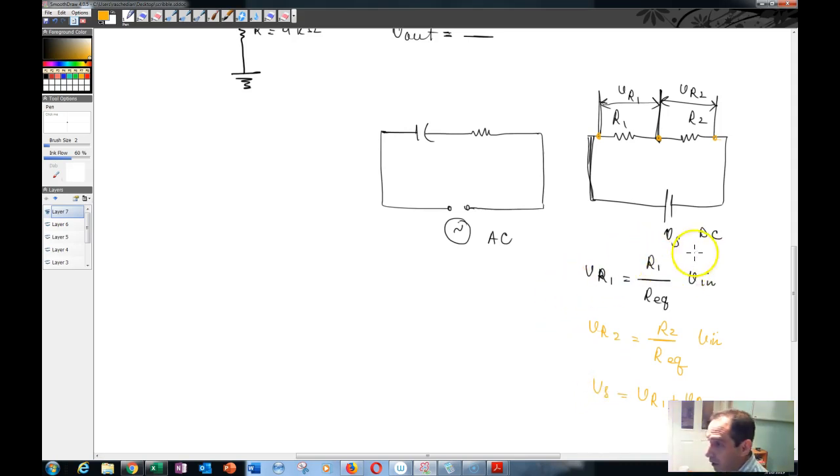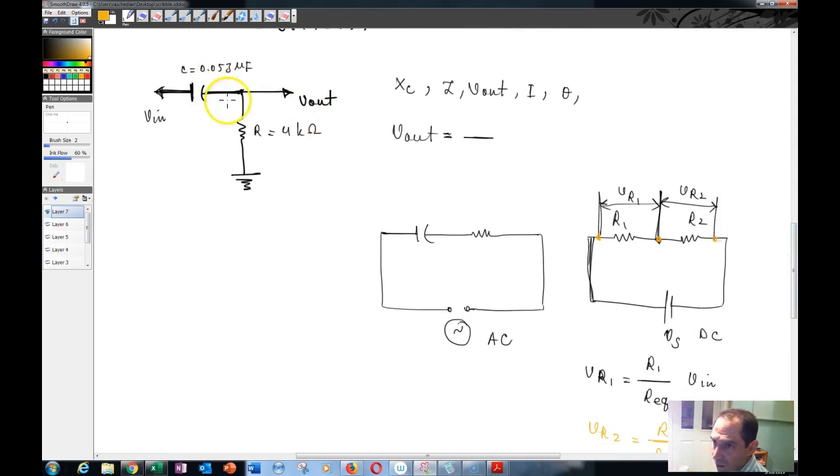Now all of what I just said, you can keep it or let it go, it doesn't matter. What's important is that in this circuit, the voltage drop across this resistor is the resistance of this resistor divided by the equivalent resistance of the whole circuit times the input voltage. And the same thing happens here as well. These two are connected in series.